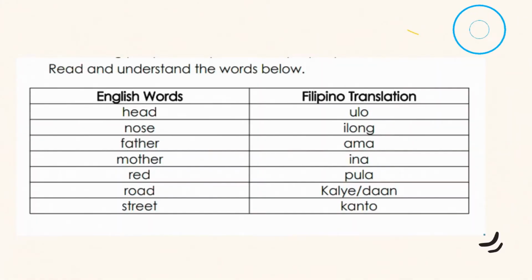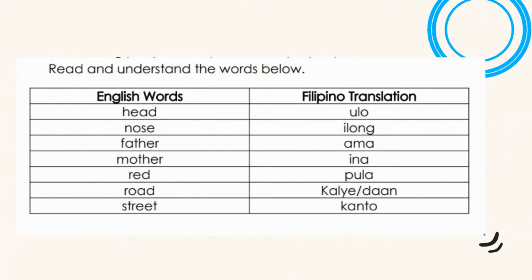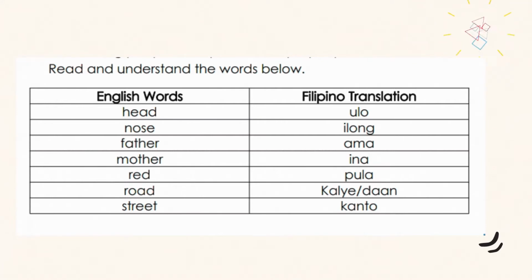Let us read and understand the words below. Here are the English words as well as their Filipino translations. Number 1, head. In Filipino, head is ulo. Number 2, nose. In Filipino, nose is ilong. Number 3, father. In Filipino, father is ama.